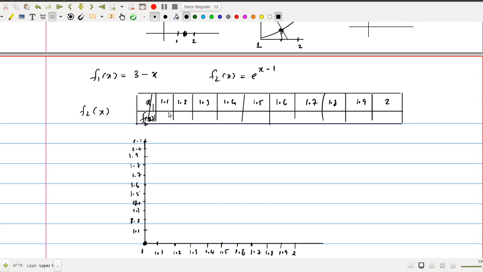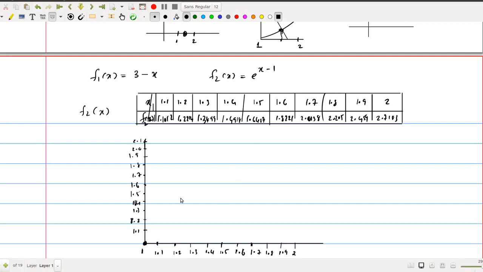At 1.1 the value is 1.1052, then 1.2214, 1.3499, and at 1.4 we have 1.4918, and 1.6487. Find out all those values like this. Then plot those values in the graph.